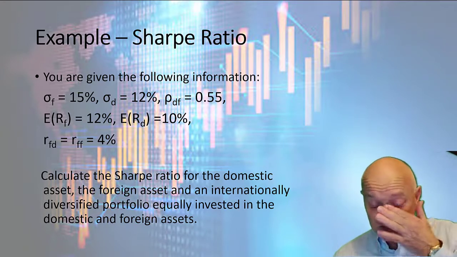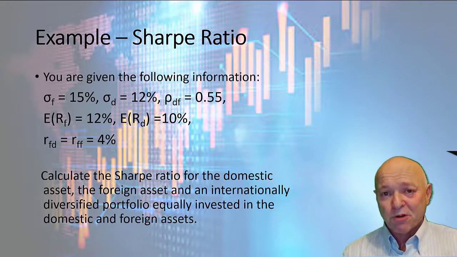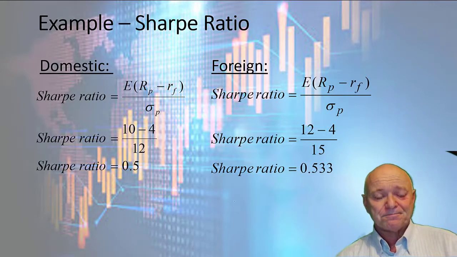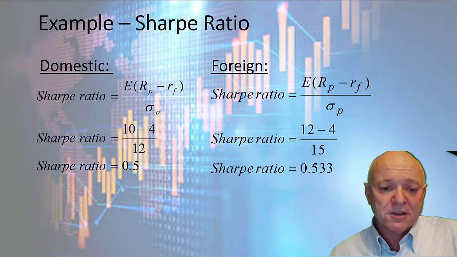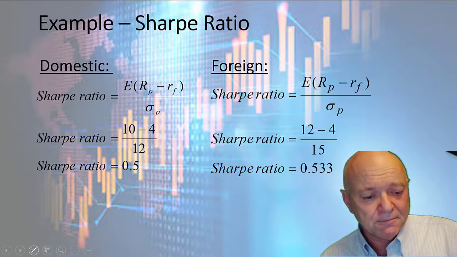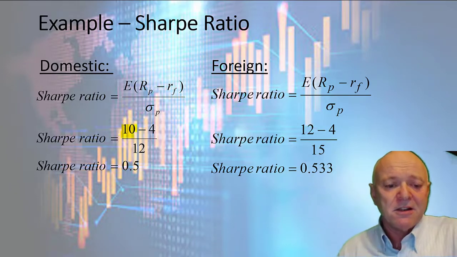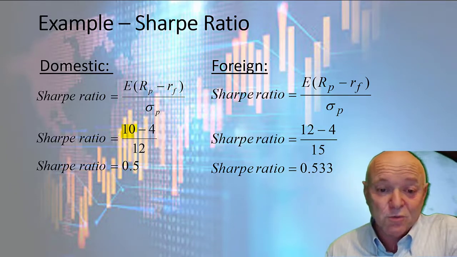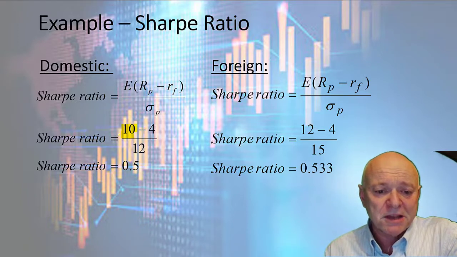So we could calculate the Sharpe ratio for both types of assets and also for a portfolio that was mixed. In this case, the portfolio rate of return was 10%. So we have a 10% rate of return for our domestic portfolio.